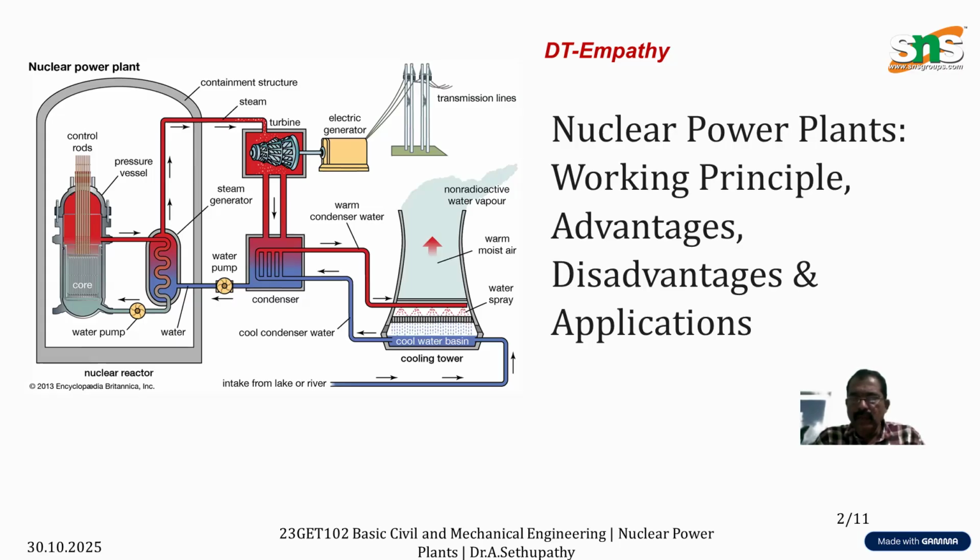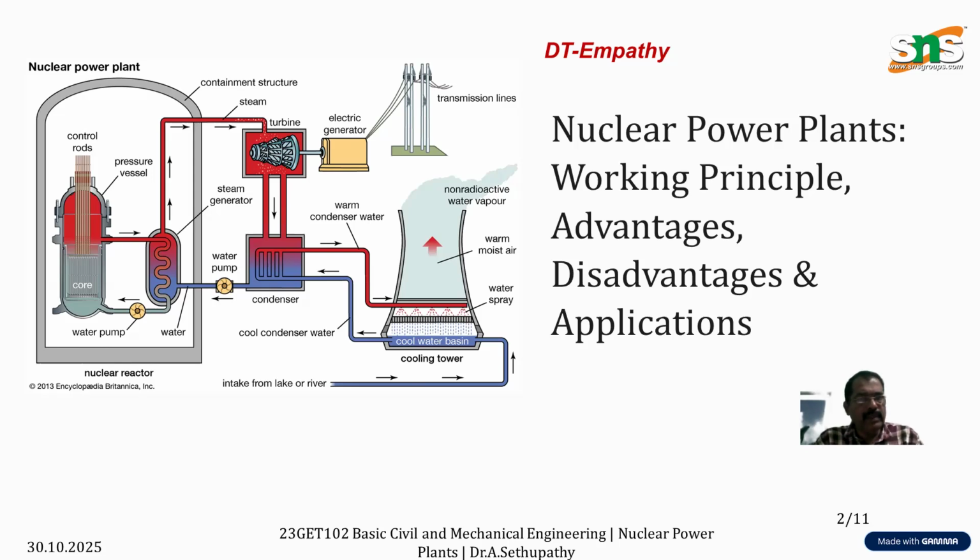So the atomic fission will be created in this pressure vessel, and a huge amount of heat energy will be produced. This energy will be passed through the boilers or water storing areas, which will convert the water into steam.